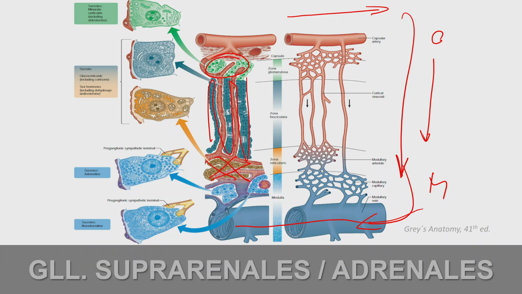The fascicular zone, glucocorticoids, cortisol mainly, and the inner layer, which is called reticular zone, is producing hormones with some sexual functions, typically masculine functions. So androsterone is one of the leading products. And the rest, the medulla, is producing something different.